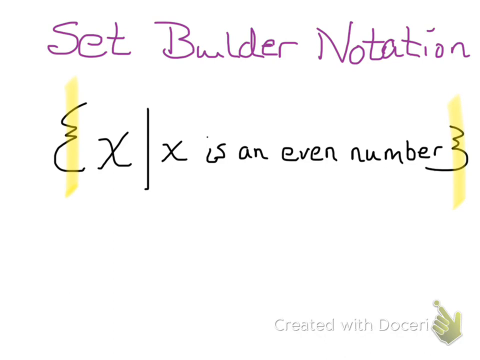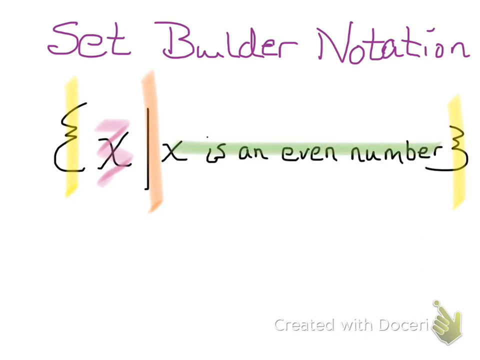You're going to identify your variable by just writing its name. Then you are going to draw a vertical line, and it's always a vertical line. Lastly, you're going to give a description.